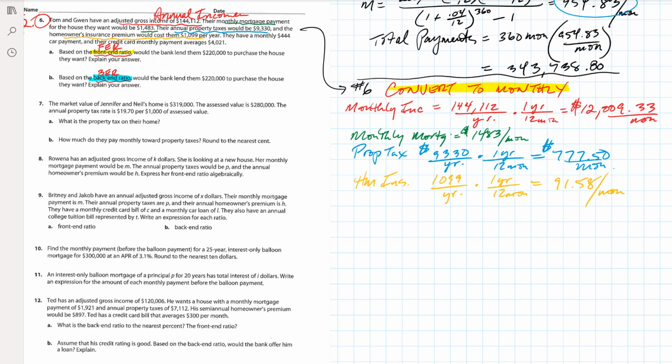Okay, let's talk about the front end ratio. This is everything except the car payment and the credit card payments, just the basic home payments.